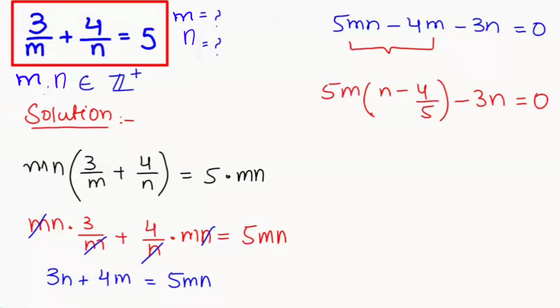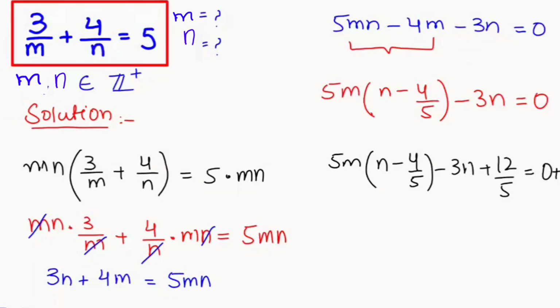Next, I am going to add 12 over 5 to both sides. 5m bracket n minus 4 over 5, minus 3n plus 12 over 5 equals 4 plus 12 over 5.